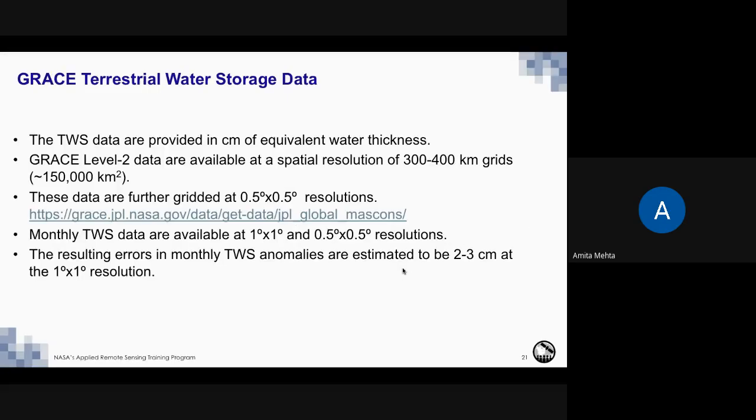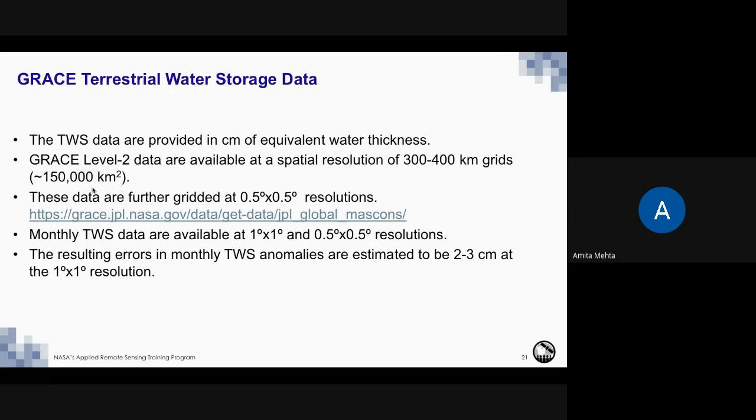Okay. Finally, GRACE terrestrial water storage data. This is relatively a lower resolution sensor. So grid size is about 300 to 400 kilometer, depending on which methodology you use to disaggregate data from the satellite. So about 150,000 square kilometers.